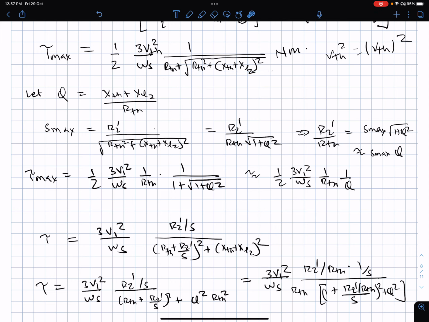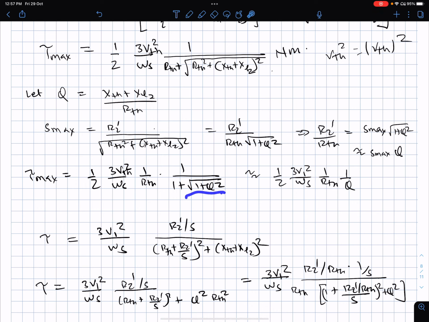Now since we are going to be in approximate domain, I'll write this as V Thevenin square divided by omega s into 1 by R Thevenin into 1 divided by 1 plus Q square, which now I will approximate by V1 square, half of omega s, R Thevenin.